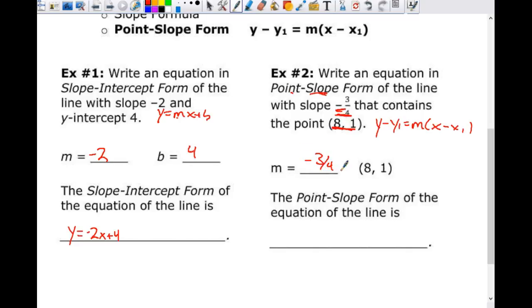We have a given point, so we're going to plug it in. y minus y1, so this is our x1, this is our y1 of the point we want this line to go through. y minus y1, so that's y minus 1, is equal to m, which is -3/4, times x minus x1. x1 is 8. Done. Easy peasy, right? So easy, even I can do it.